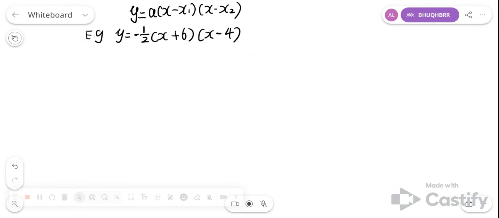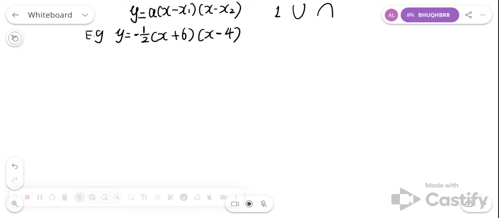So remember, if I want to sketch a graph, there are four things I need to determine. The first one is either concave up or concave down. I'm just drawing a really quick quadratic graph over there to show you that, and the part that determines whether it's going up or down is the a value.